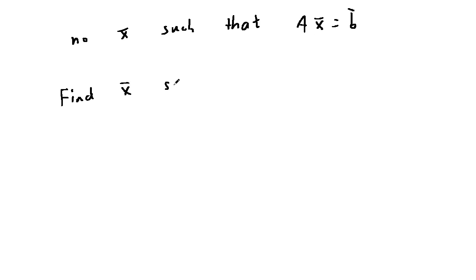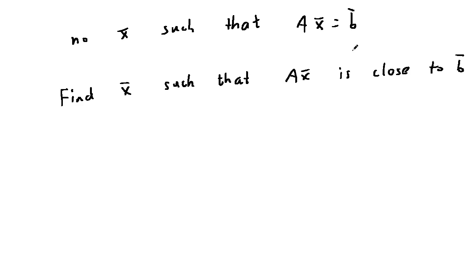Now, what we can do is try to find a line that best fits the 3 points. Since there is no x such that Ax equals b, instead, we can find a vector x such that Ax is close to b.